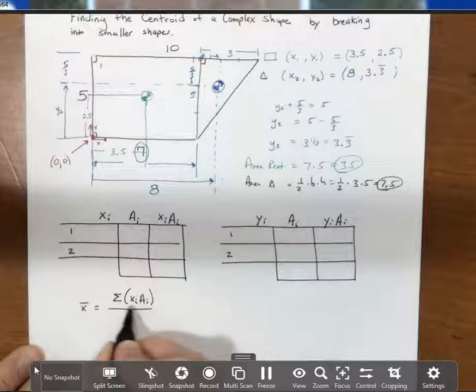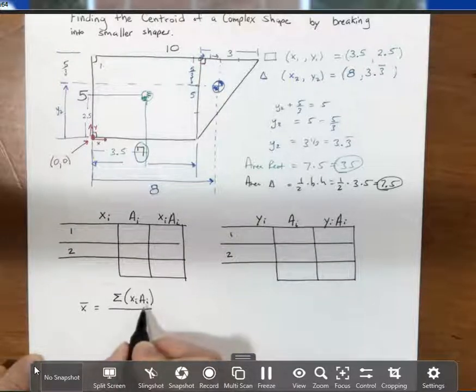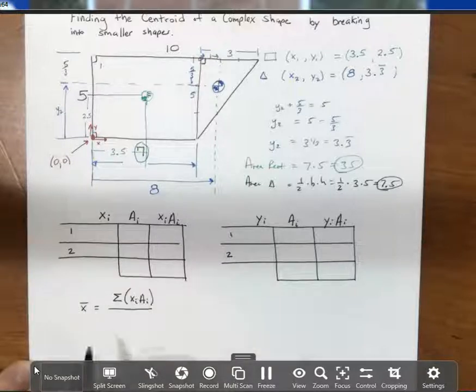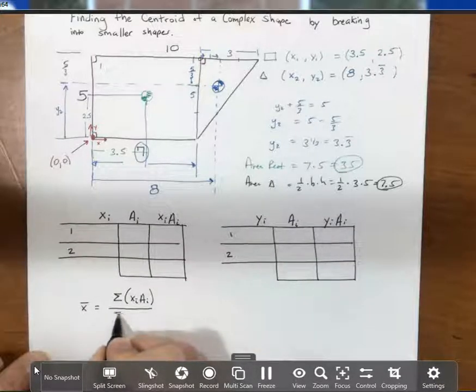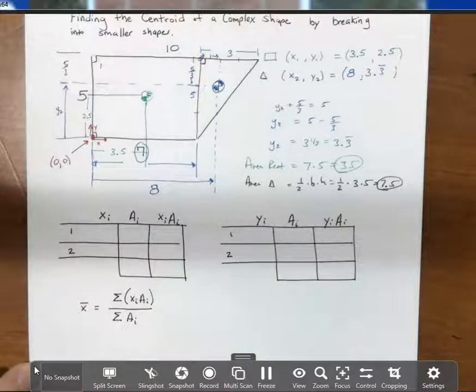This is a product you're going to find for each shape: the product of the coordinate and the area. Once you have those, you add them all up. You find the sum of those products. That value is going to get divided by the sum of the areas of each shape. For us, we only have two shapes.